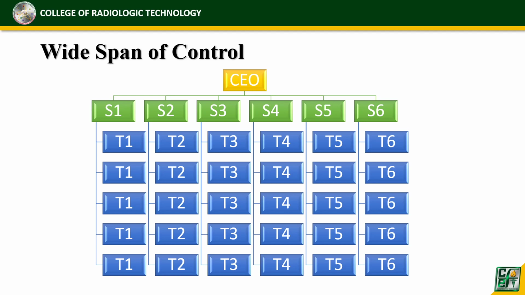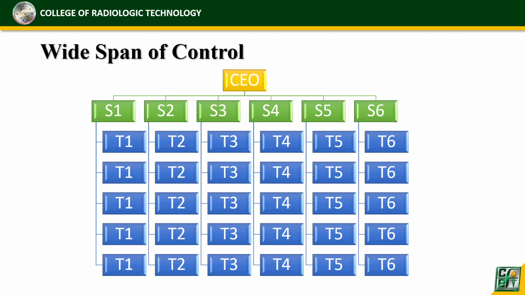So meaning, konti yung level of authority nga or yung gap niya ay konti lang. So wide. Kasi nga, marami yung nagre-report sa isang particular supervisor. Siyempre, yung CEO, siya yung supervisor ng mga supervisor. Diba? So wide.